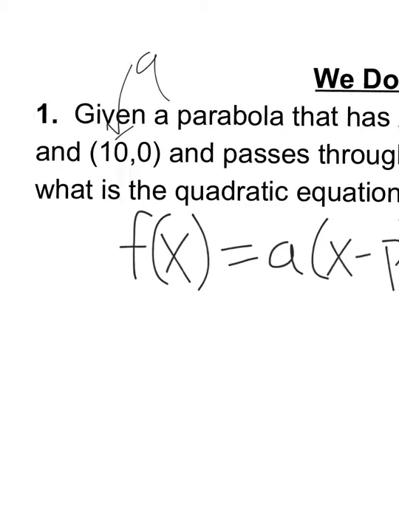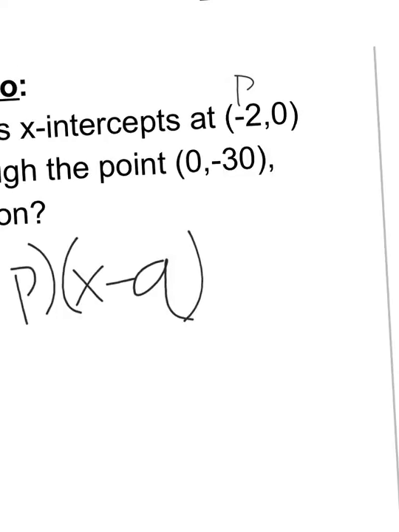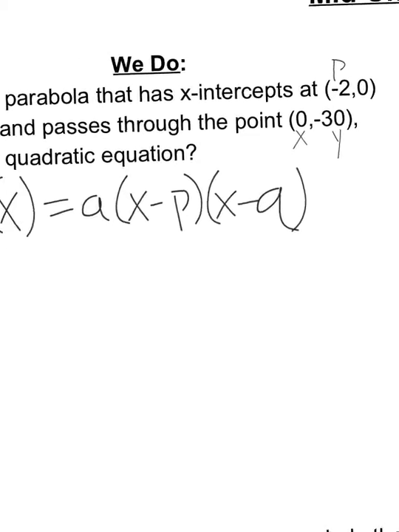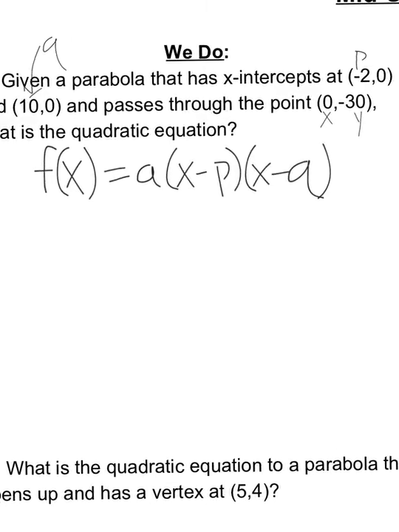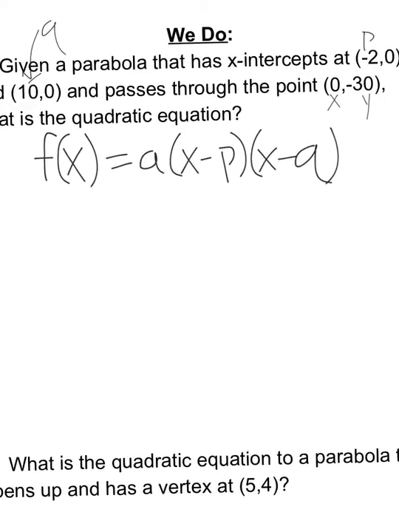And with the third point, I want you to label that as your x and y. Plug everything in, because we need to figure out our a, because we know that f of x is interchangeable with y, so we know our y, we know our x, and we know our p and q. So let's set that up.